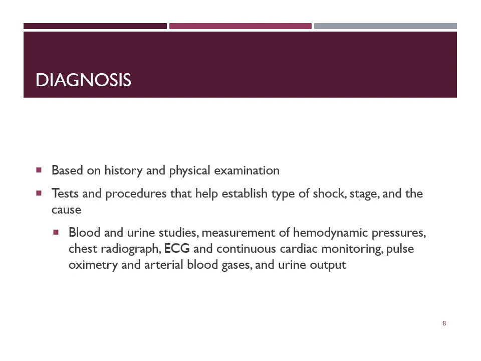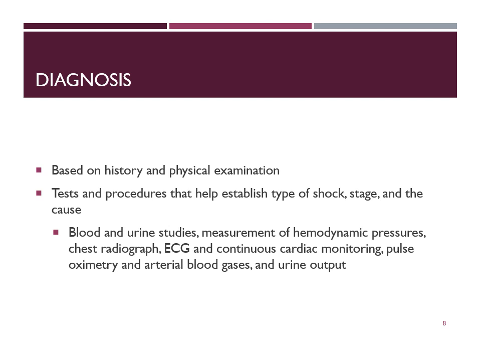So the diagnosis is based on their history and physical exam. So what happened? Find out what happened to cause this. And physical exam, examine them. Tests and procedures that help establish the type of shock, stage, and cause. Blood and urine studies. I'm going to talk more about this, so I'm just going to go through this kind of quick.